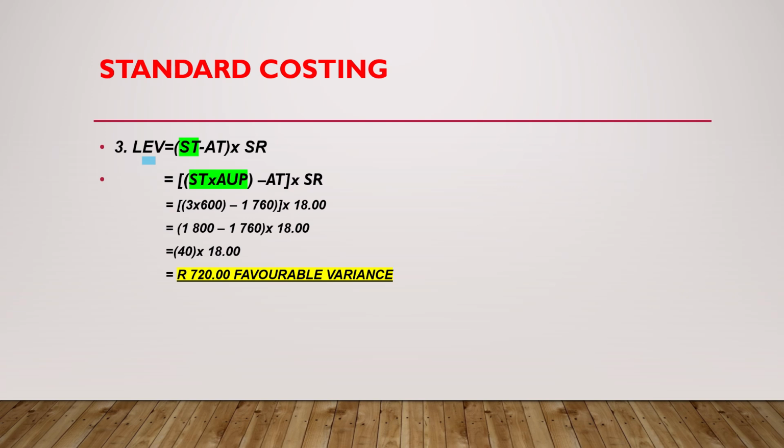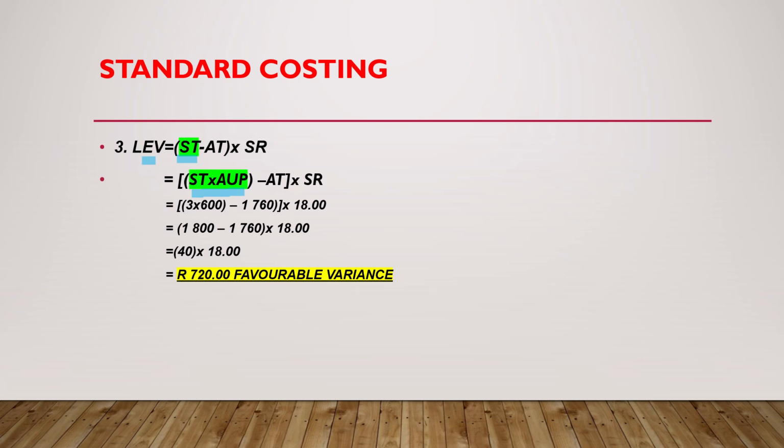Okay, how do we extend it? We only extend this part, standard time. You say standard time times actual units produced, minus actual time, multiplied by standard rate. Okay, substitute. Let's go to the textbook and check how much is standard time.